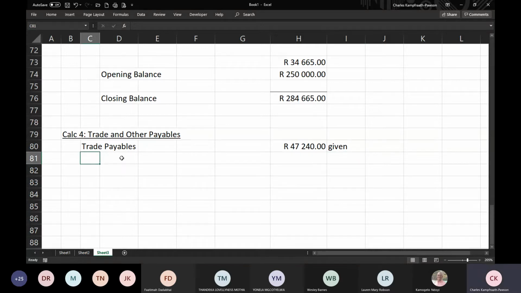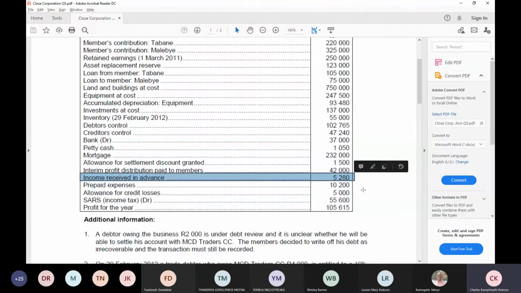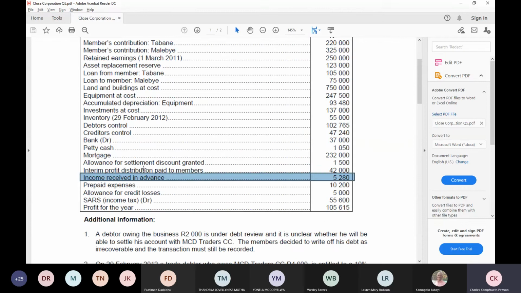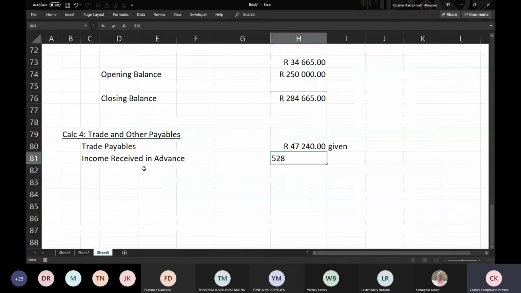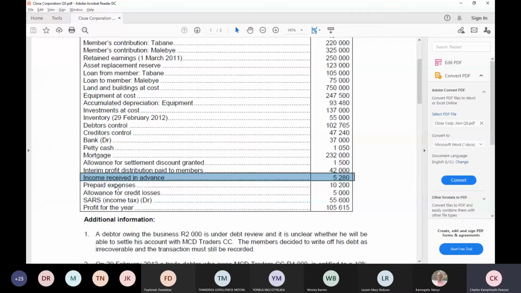Are there any other portions that we should include there? Earlier we read income received in advance. Yes. We can say income received in advance is 5,280. There's nothing else here.